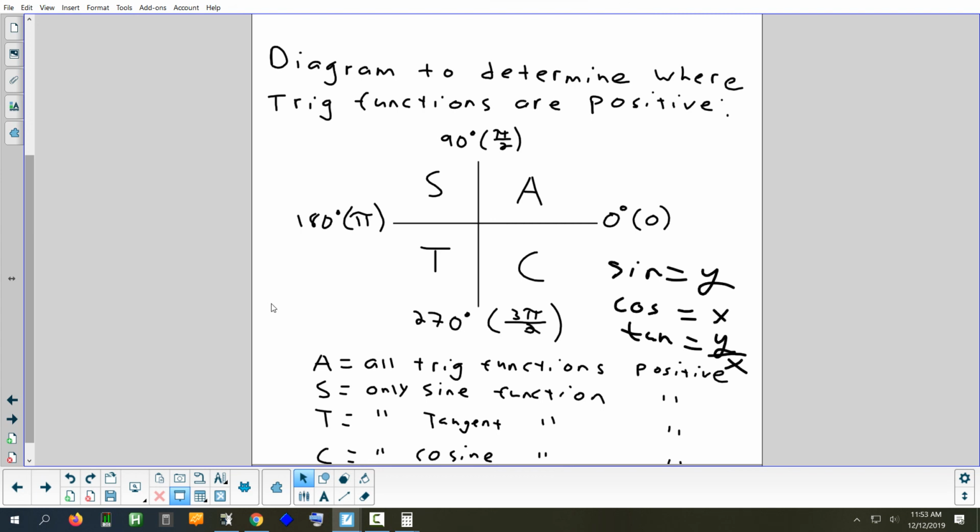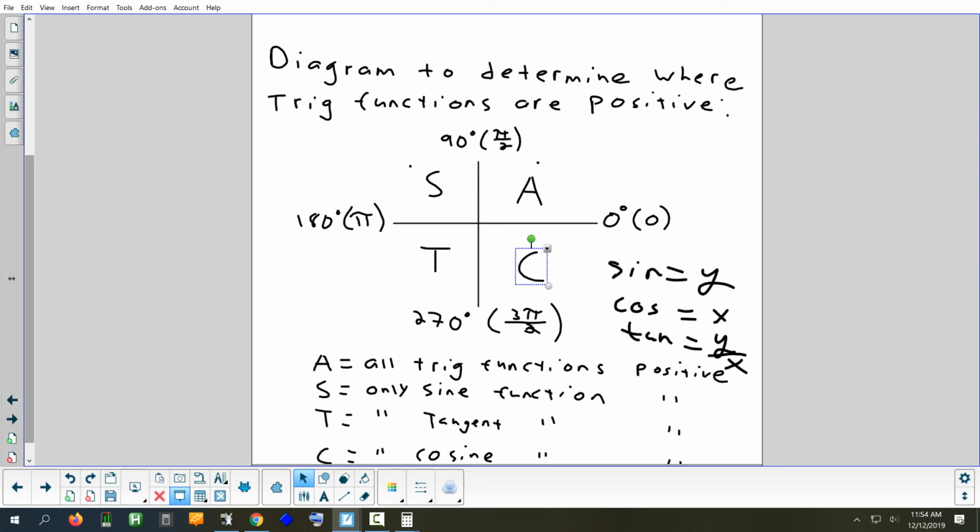Y is sine. Where is y positive? Which 2 quadrants? 1 and 2. Those are the two places where sine is positive. What quadrants have a positive x value? 1 and 4. That's why cosine is positive there.